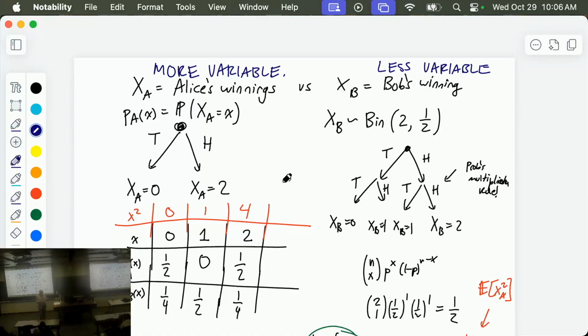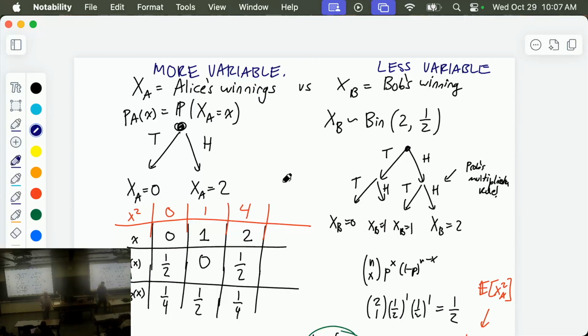So Bob has more possible outcomes than Alice does. So doesn't that make Bob's outcomes more variable? Well, that's not what we mean by variability.